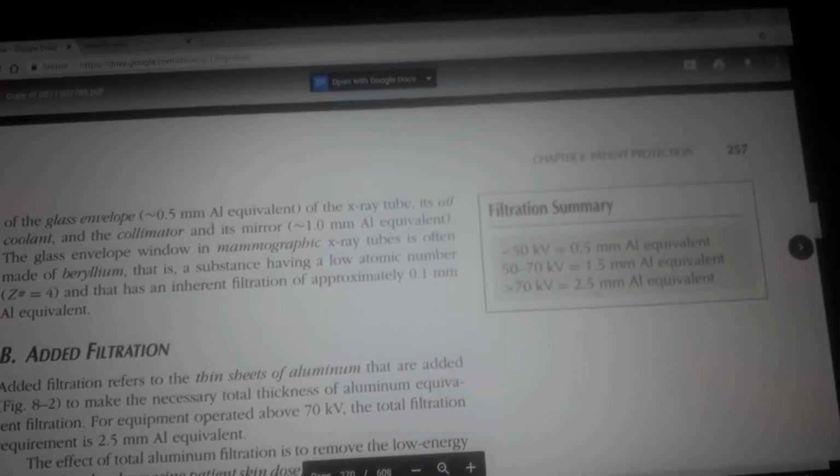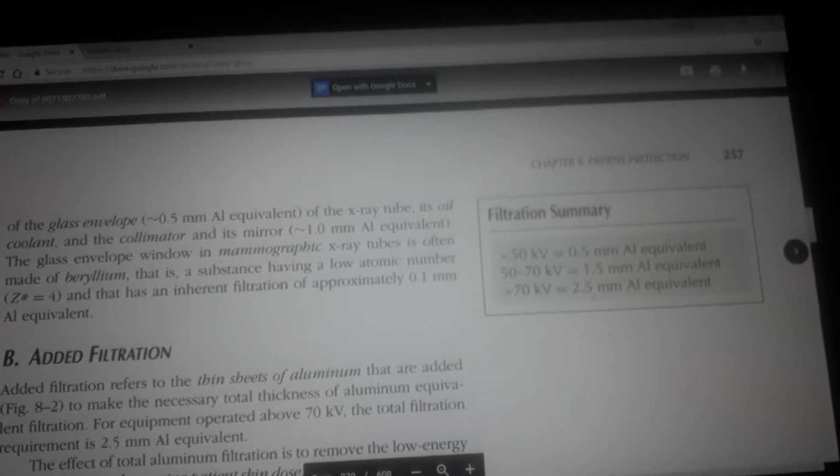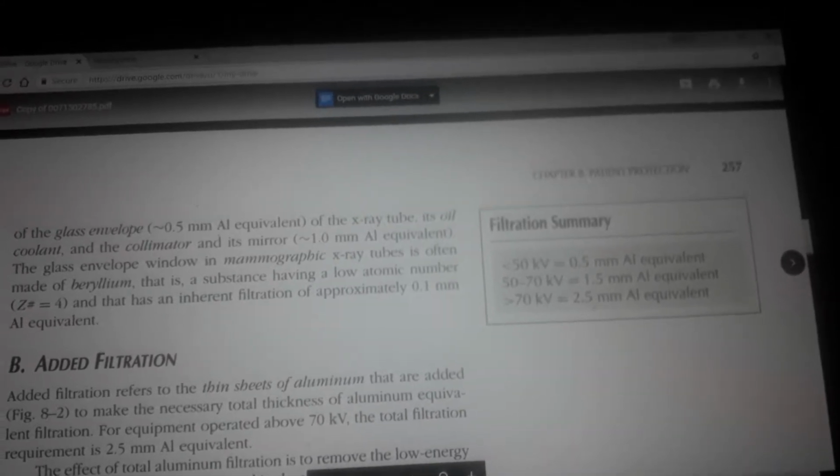The filtration summary: 50 kVp, 0.5 mm Al equivalent; 50 to 70 kVp, 1.5; 70 kVp and above, 2.5.